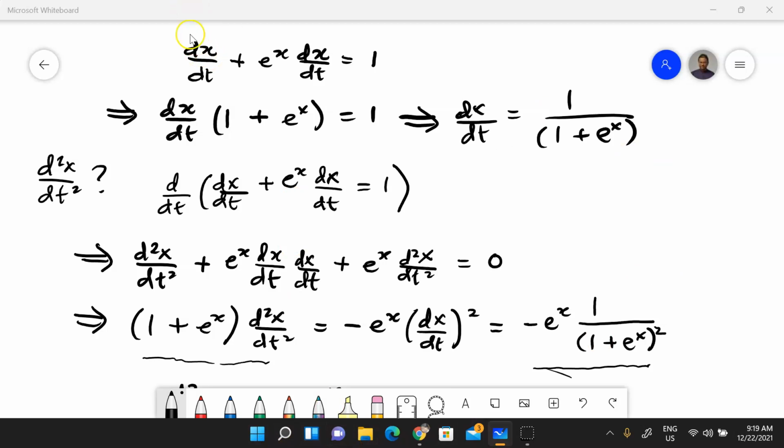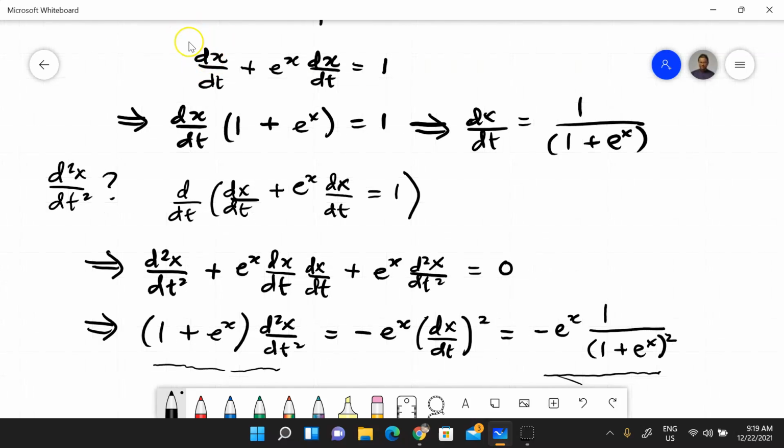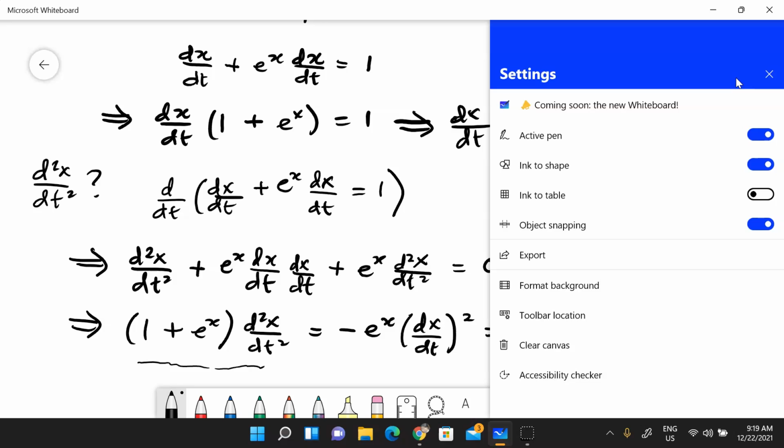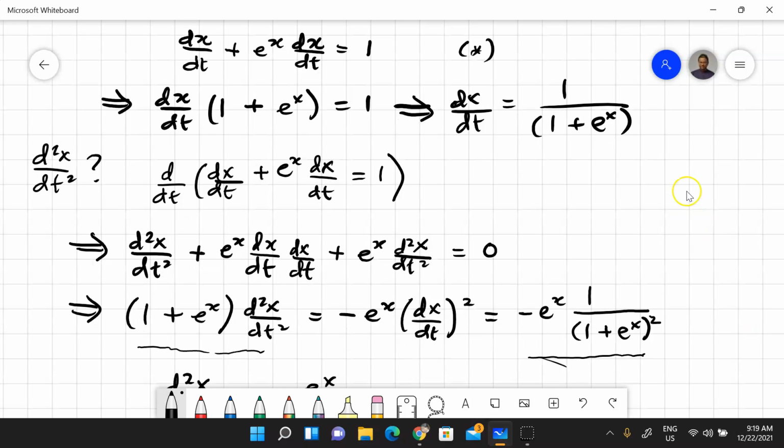How do I copy? Okay, it's just too hard. Let me just rewrite this. I'm going to substitute the values inside this equation.